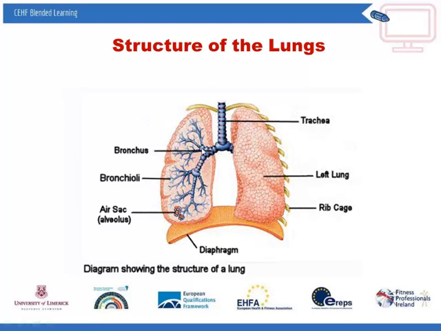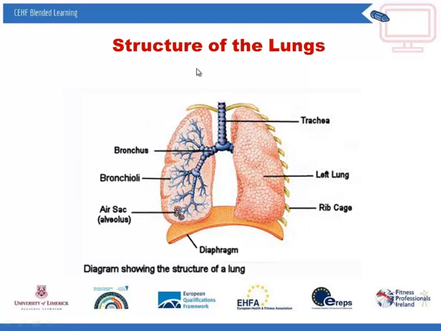Within the lung then, the bronchus breaks down into smaller airways called bronchioles, and at the end of the bronchioles then are the air sacs or alveoli. Surrounding these air sacs then is a network of blood capillaries.